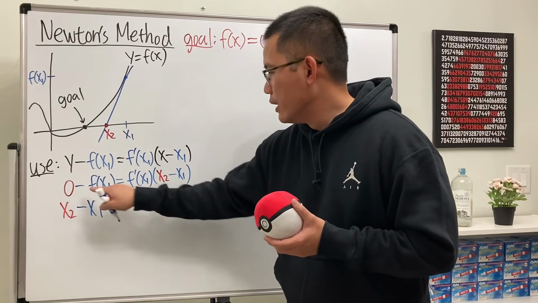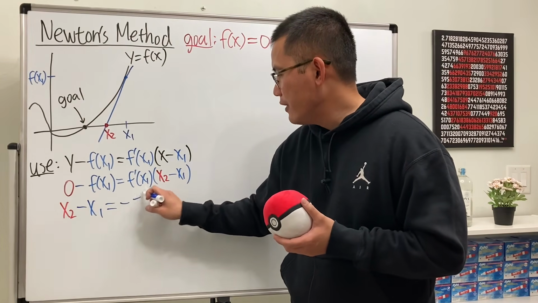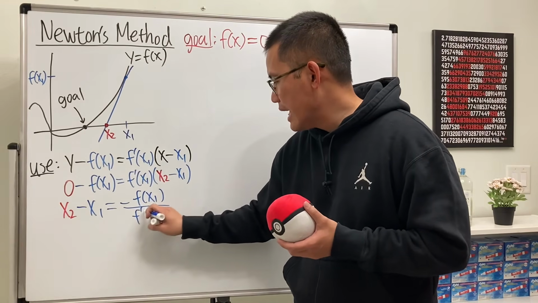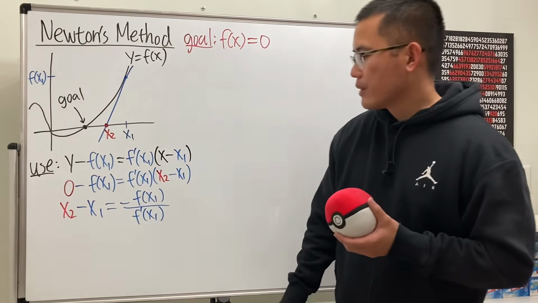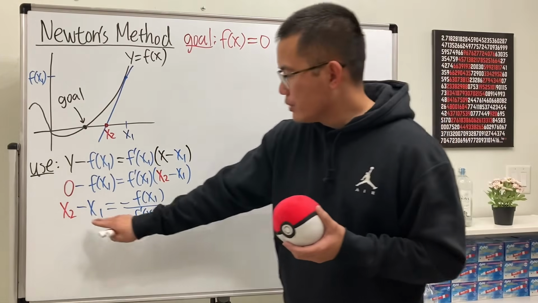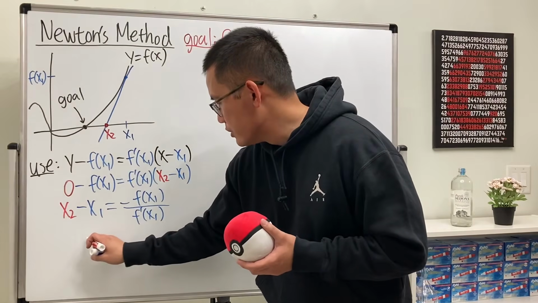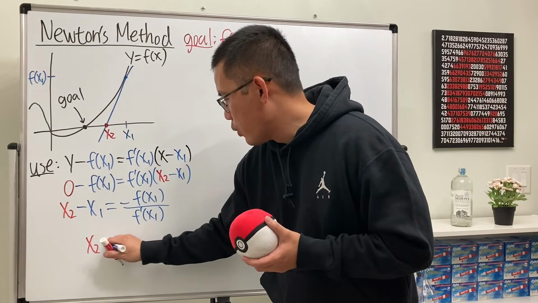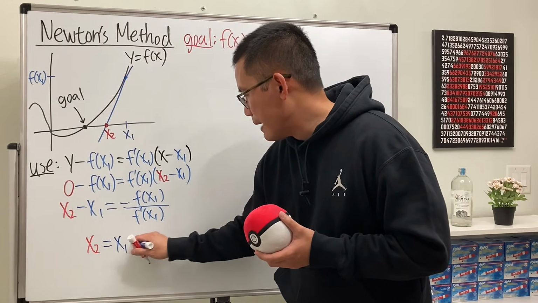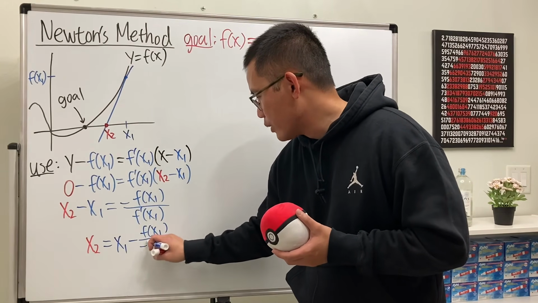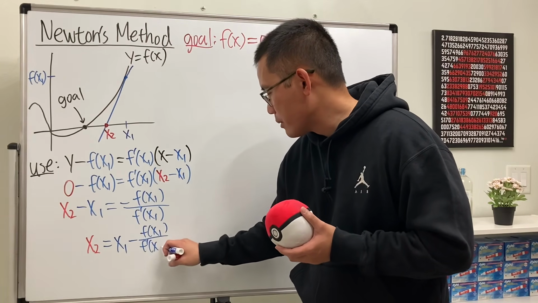And that's equal to this on the top, which is negative f of x1 divided by the derivative at x1. Cool. And I'm just going to move the x1 to the other side, right? So that becomes positive. And ladies and gentlemen, x2 equals x1 minus f of x1 over the derivative over there. So f prime of x1.